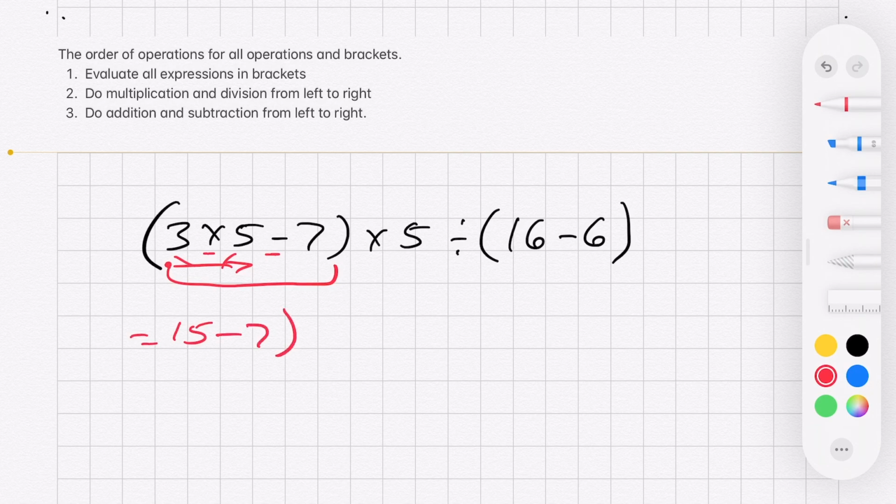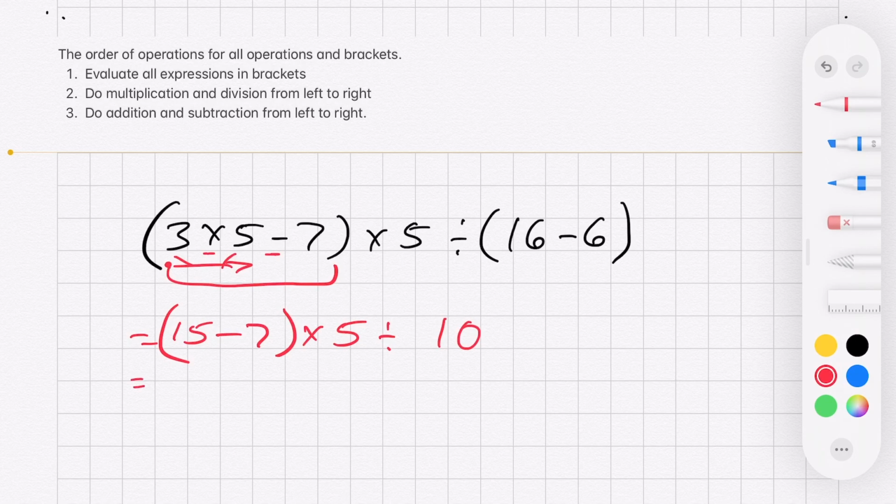And I would still put the brackets back in, times 5 divided by 16, or sorry, that would be 10, because I'm doing what's inside the brackets first. So 16 minus 6, and I wouldn't need those brackets anymore. All right, now I would do what's inside these brackets.